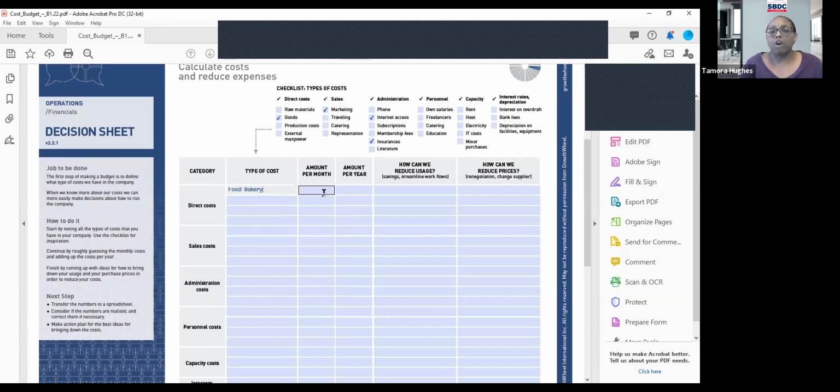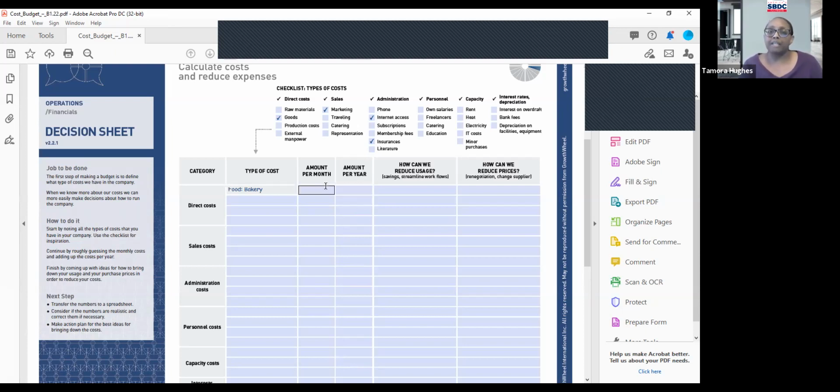I might have to break it down a little bit more in detail. But then I need to know the amount per month. So how much do I have to spend per month for food as a baker? And then the amount per year.